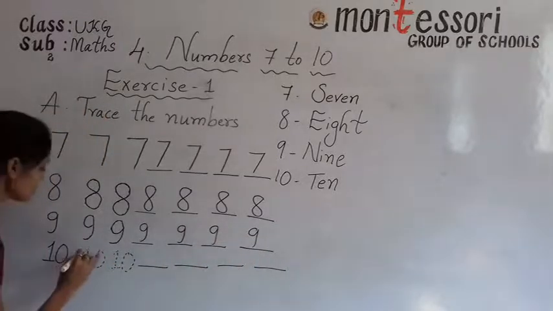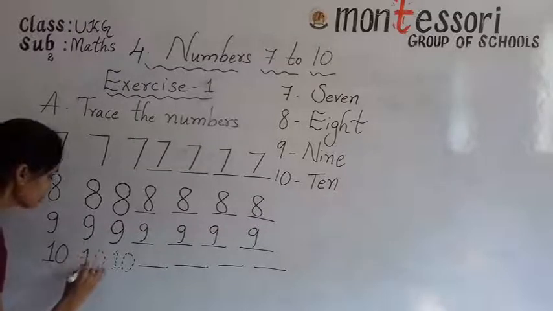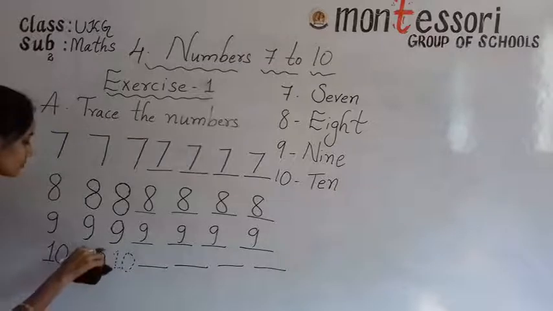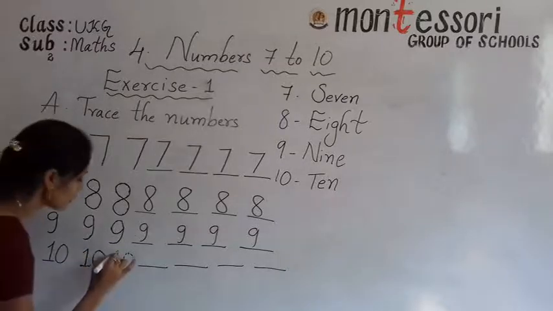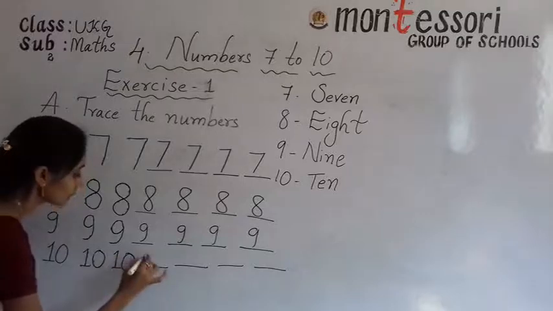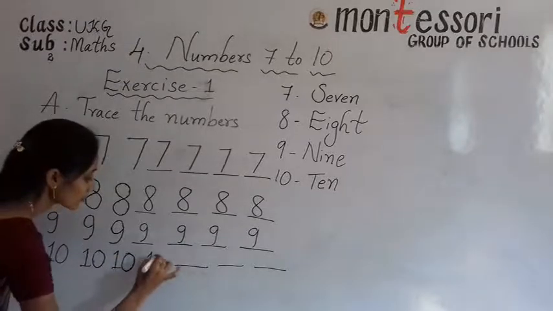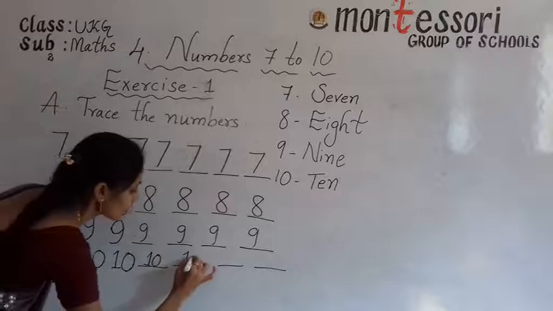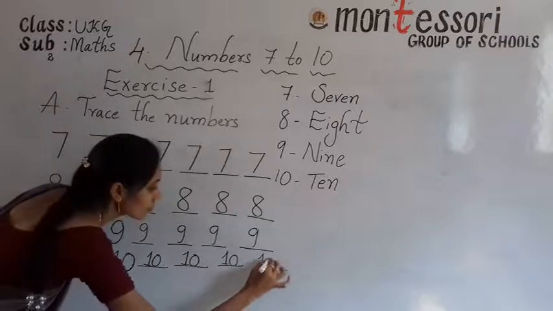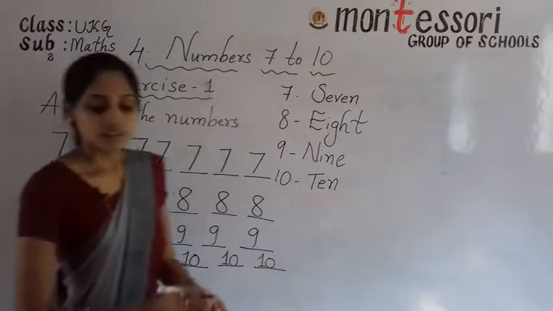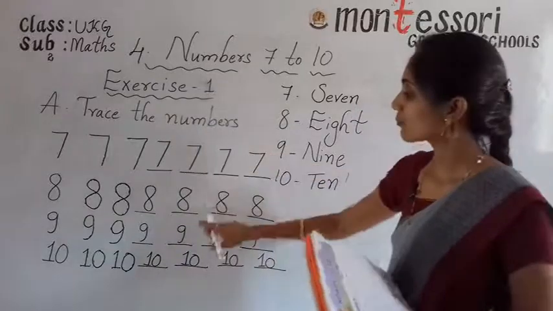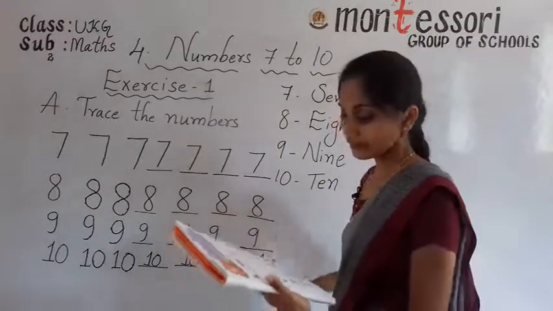After 9, 10. 1, 0, 10. Likewise, you have to write 7, 8, 9, 10.